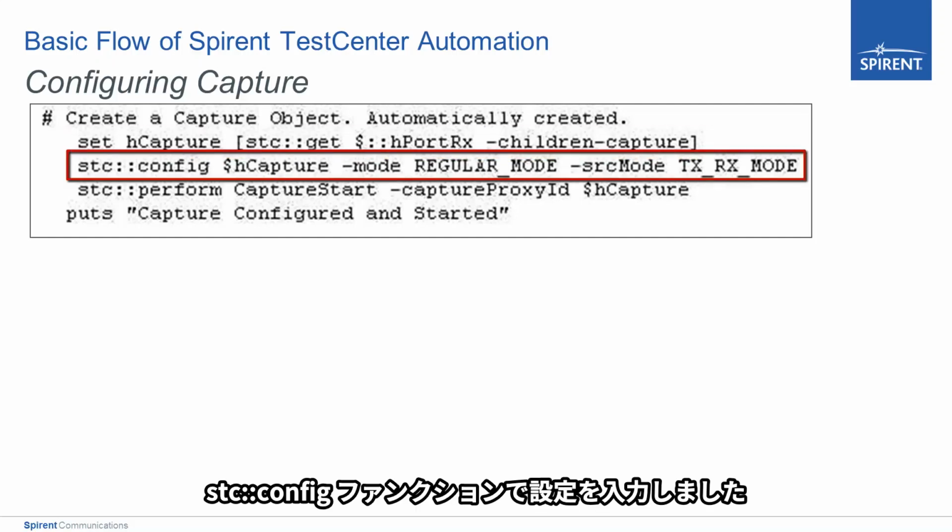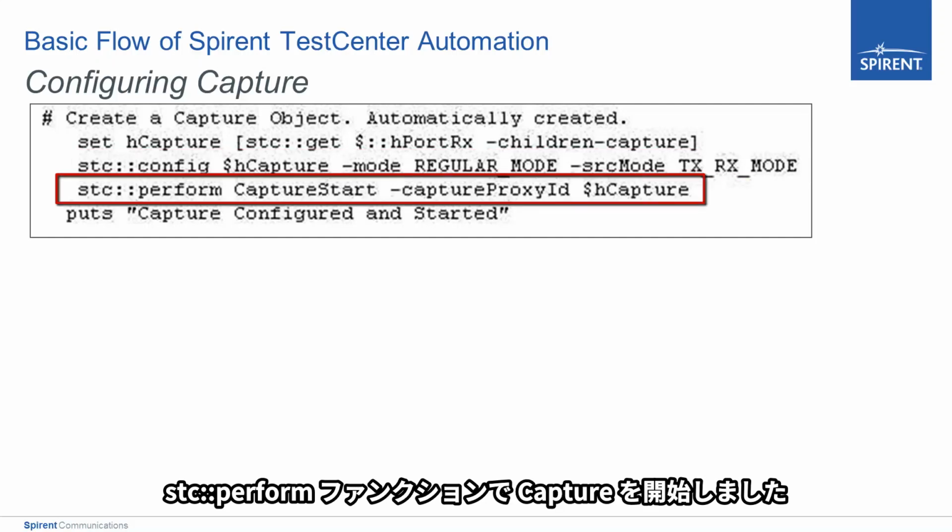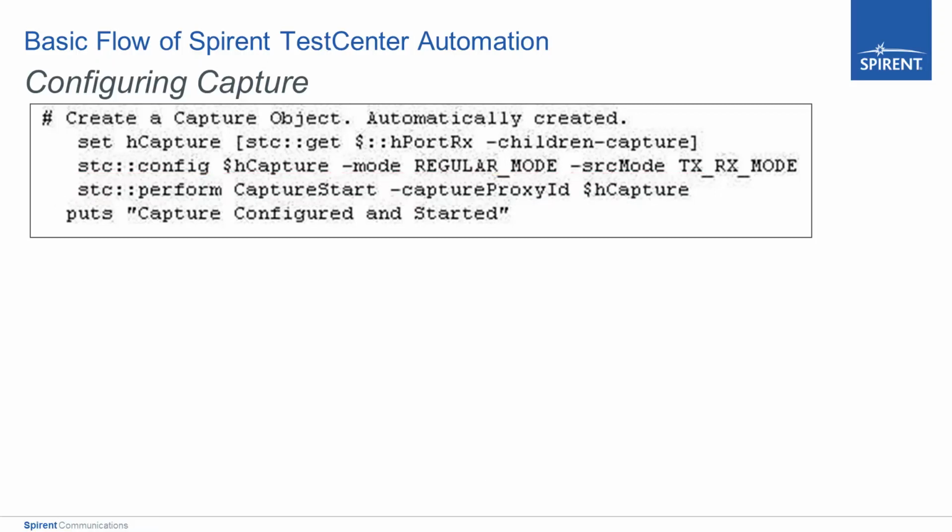Then once we have the capture handle, we can perform the config command on the hCapture or on the capture object handle. And then you'll see the mode is regular mode and the source mode is transmit receive mode. We then will perform capture start, and you'll notice that we are doing the capture proxy ID, and then we're pointing to the capture handle. And that's basically configuring it and starting it.